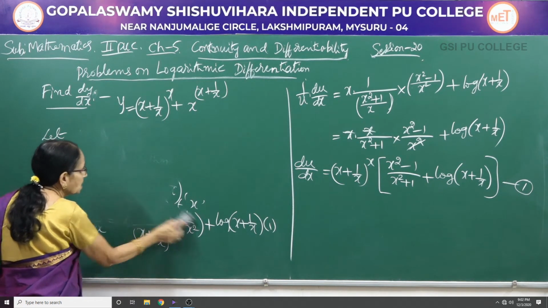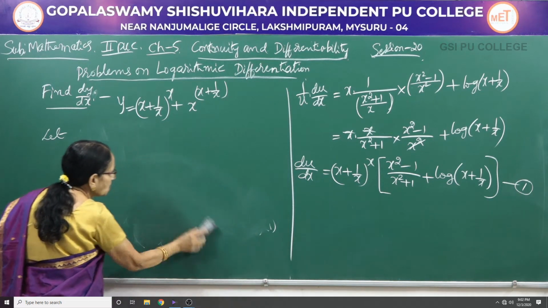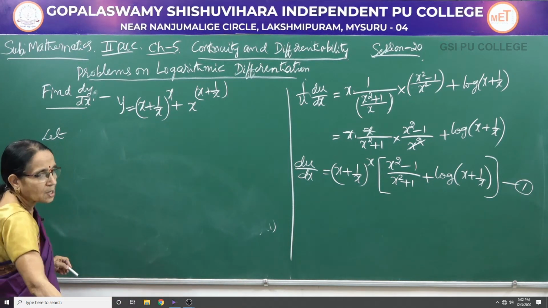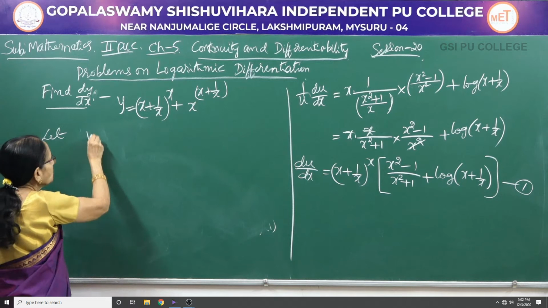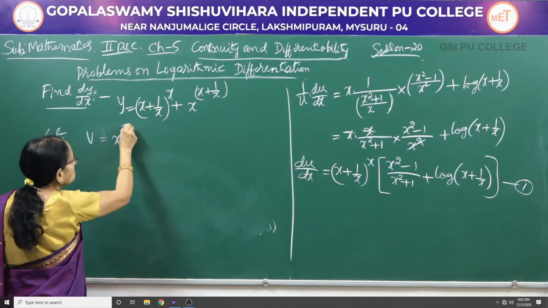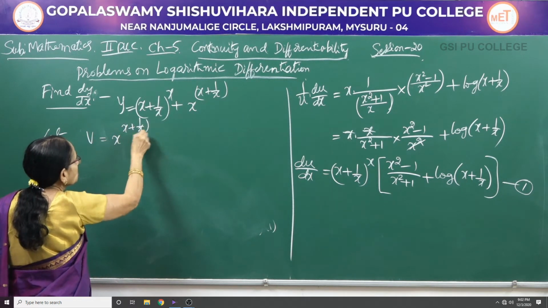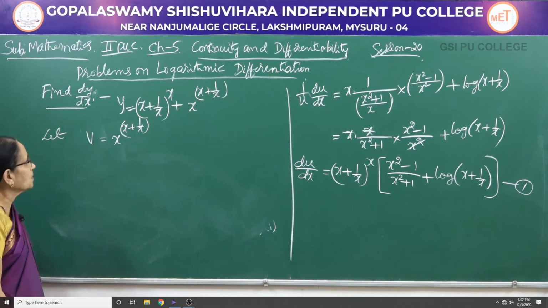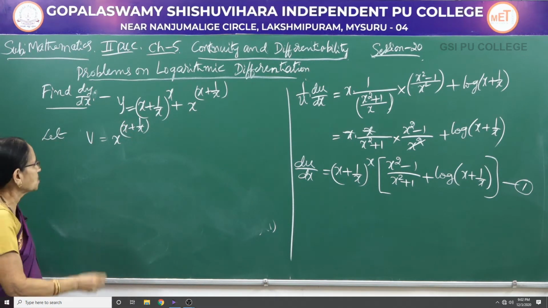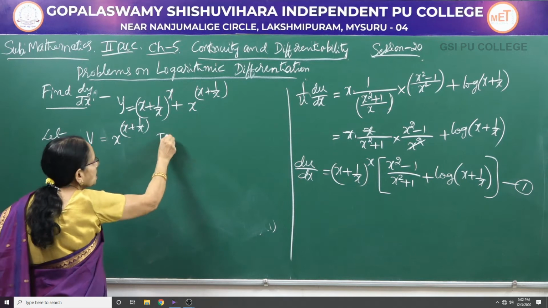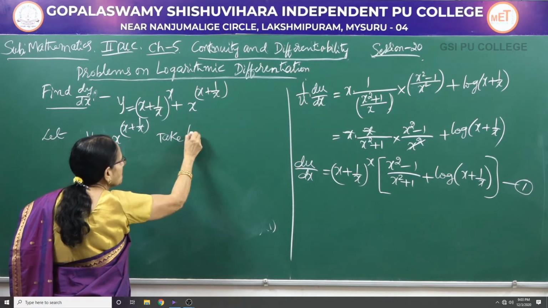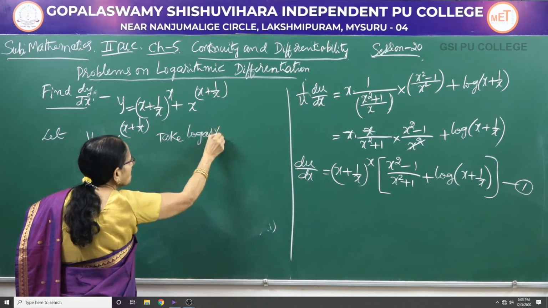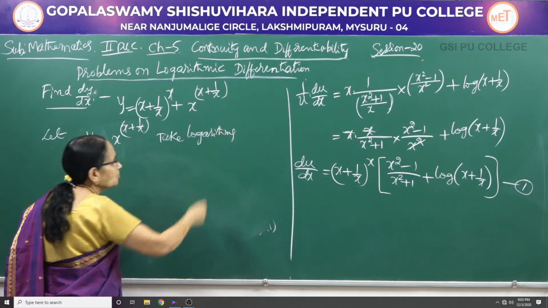Now, how do you take the second part here? When you have taken u as the first one, let me take it as v. Let v be equal to x to the power x plus 1 by x. Now, here also you take logarithms. The procedure is same, whatever may be the function.